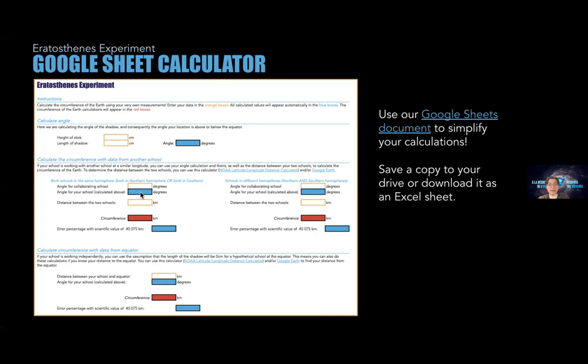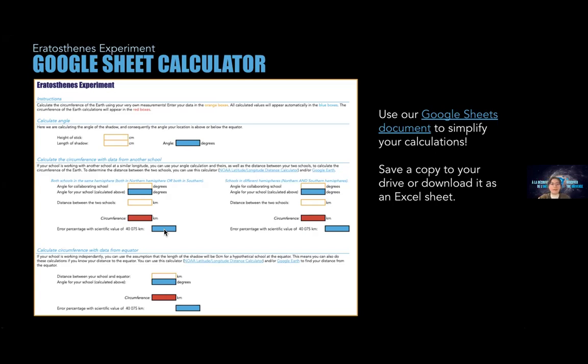The angle will carry down into this second section. If you are working with another school and you're within the same hemisphere, so you're both in the northern hemisphere or you're both in the southern hemisphere, you will input the angle for the collaborating school. Your angle from above will carry down, and then you'll input the distance between your school and the other school, and it'll calculate the circumference as well as the error percentage from the actual scientific value.